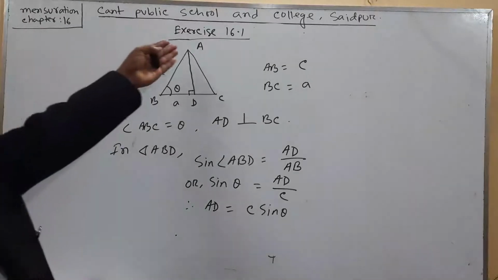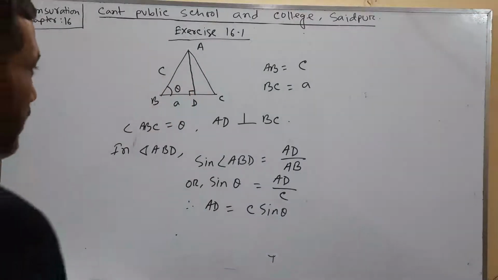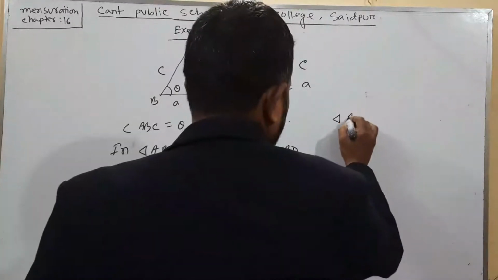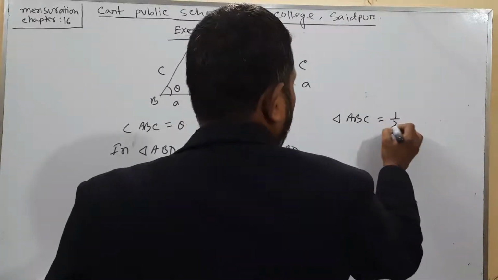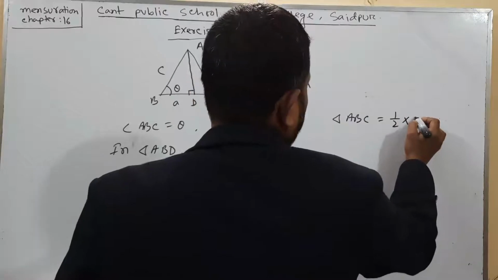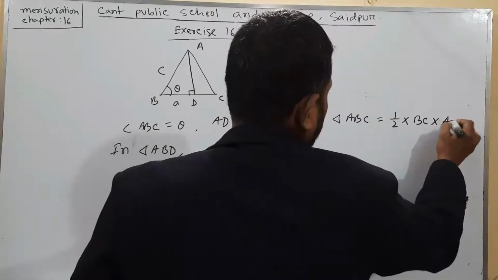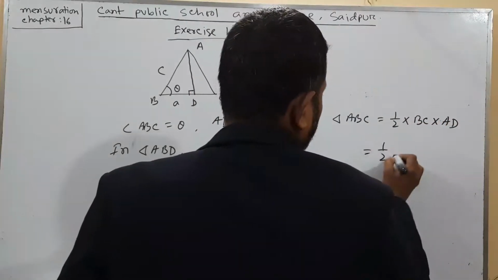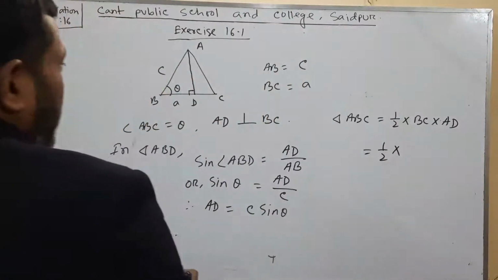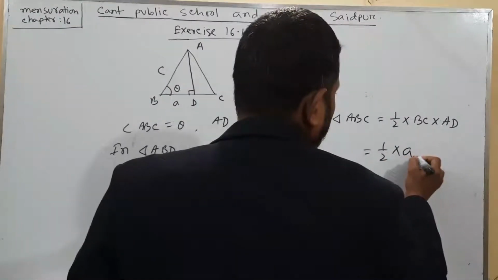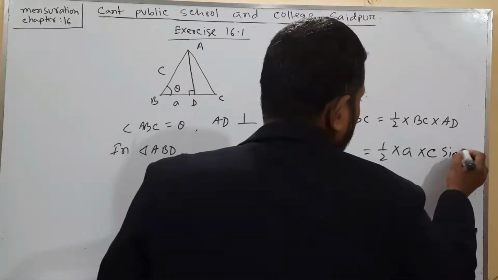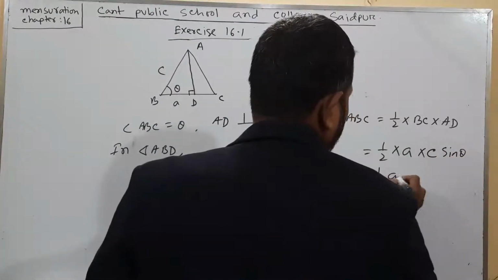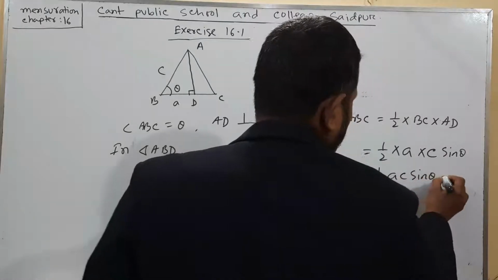Here we have perpendicular AD on BC, so the area of triangle ABC is half into base into height, that is half into BC, a, and AD, c sine theta, so half a c sine theta.